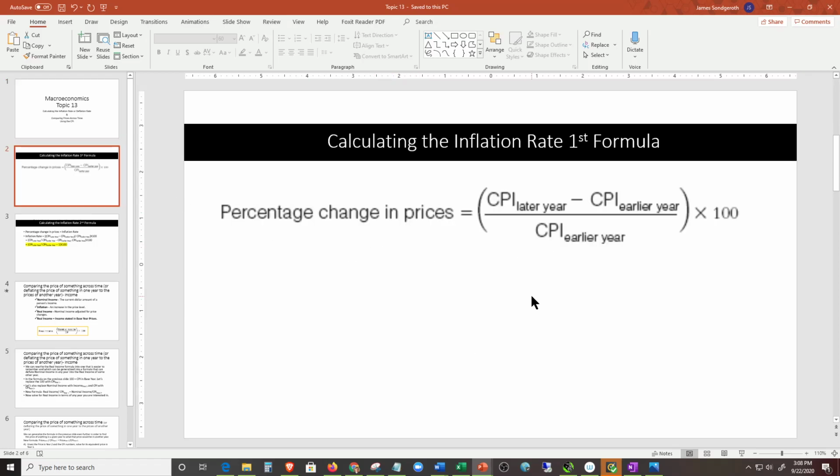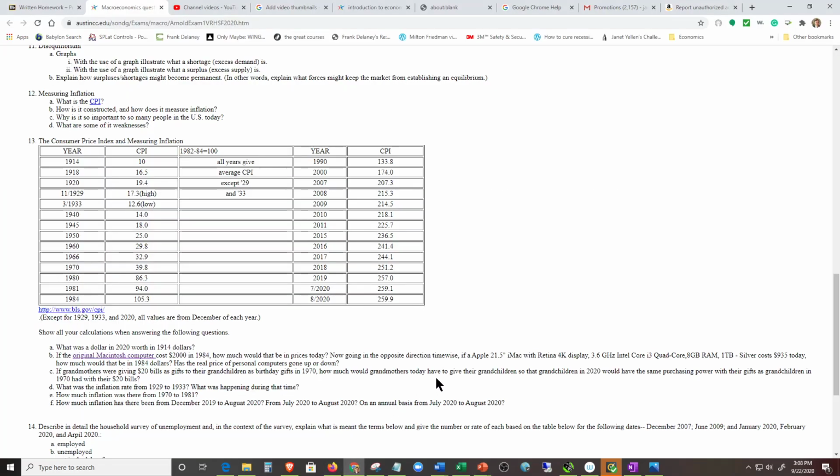And here is the formula for calculating the inflation rate, which if we go back to this, we'll be using in D, E, and F. I put that first because that's the first one given in the chapter.